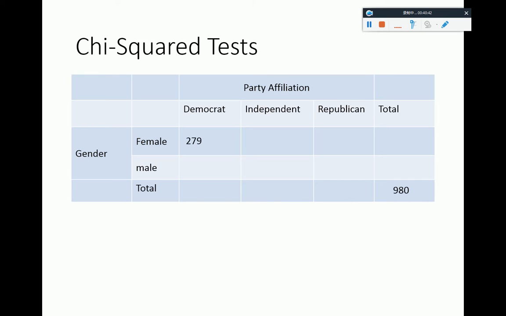By observation, we have these amounts of female Democrats, female independents, female Republicans, male Democrats, male independents, and male Republicans. So these are observed. You can count from your data, or in an examination, I'll give you these numbers. So these numbers in the black ink will be provided for you.